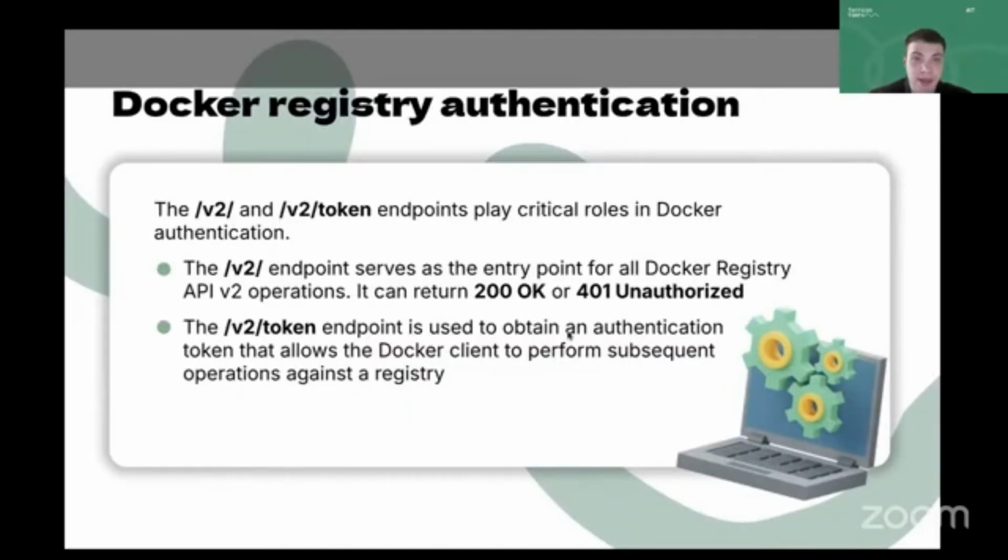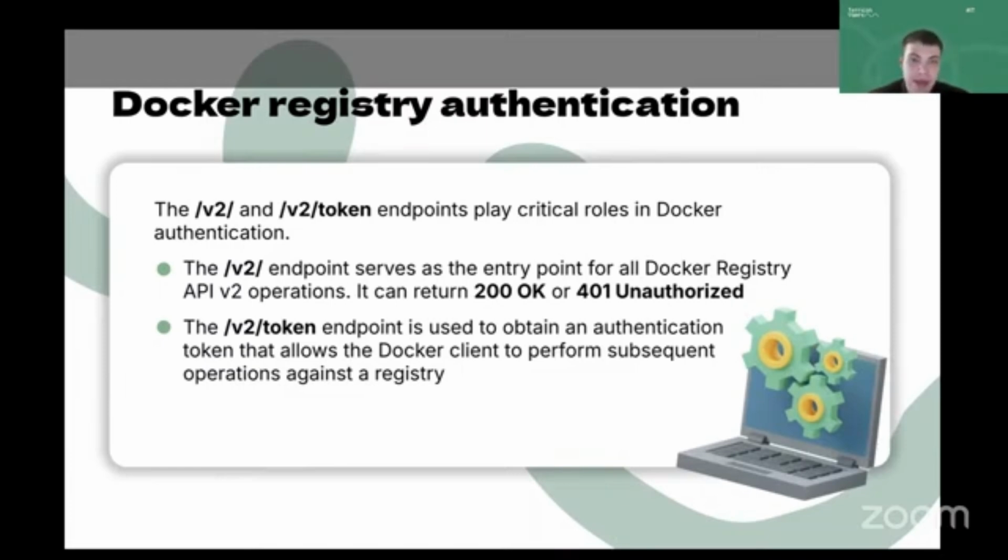And having the knowledge of the Envoy external auth feature, let's take a closer look at the Docker Registry Authentication Protocol that we've mentioned earlier. Docker uses two key endpoints. The first is the /v2 endpoint, which serves as an entry point for all Docker registry APIs. It is used by clients to verify that the registry supports version 2 of the API and is functional.